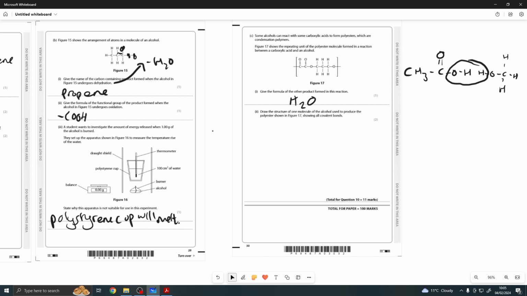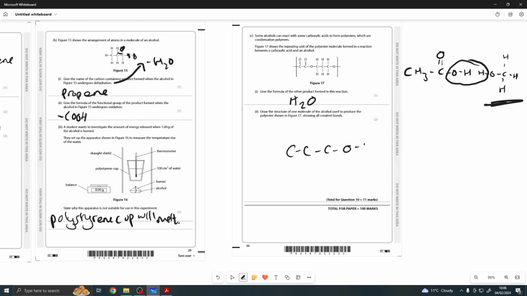Beautiful. Now, it says, draw the structure of one molecule of the alcohol used to produce the polyester. Now, if, like here, we use an alcohol, will a polymer be formed? No, because obviously that reaction is going to happen, and that'll be the end of it. You won't get a long chain. What you need for this, okay, is you need an alcohol group on each end. You need a diol. Now, here is your alcohol. Here's your alcohol chunk. Okay, we've got 3 carbons.